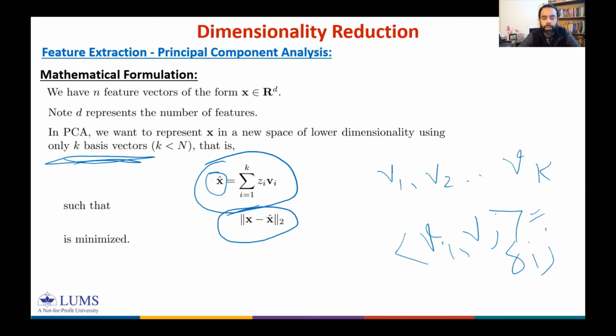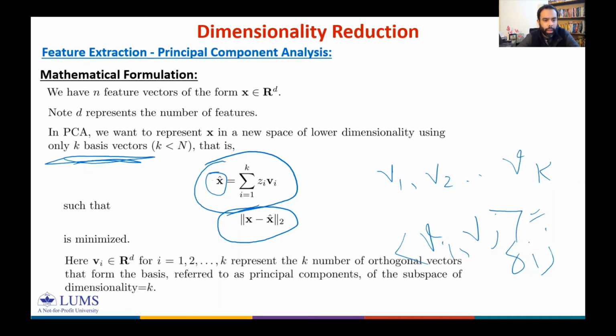You could choose some other measures, but in PCA, we minimize the Euclidean norm of x minus x hat. So these vectors represent the k orthogonal vectors that form the basis of the subspace of dimensionality k. Okay, this is the problem formulation, right?